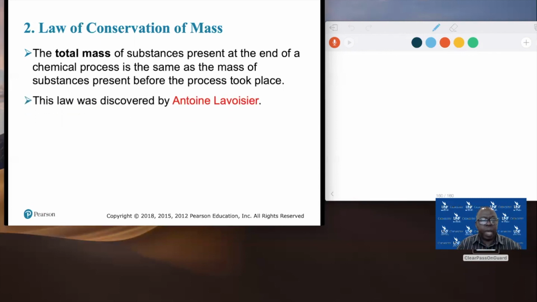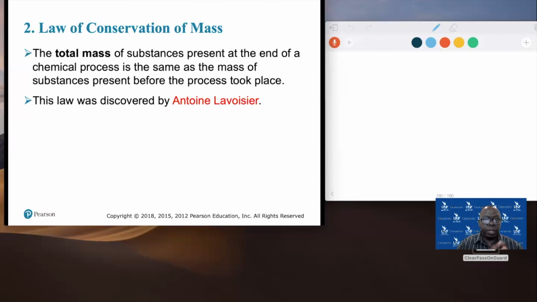This was by Antoine. And by the way, I want you also to reconcile the scientist who is credited for all these scientific theories. Antoine is credited for the law of mass conservation, working with calcium carbonate.